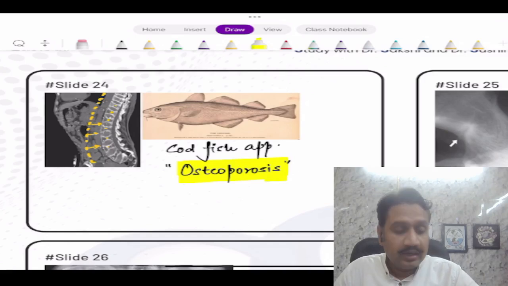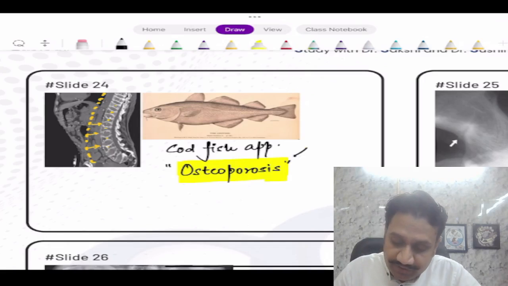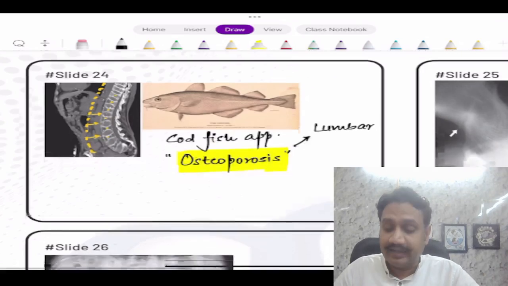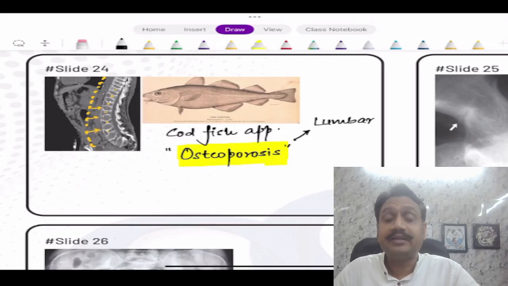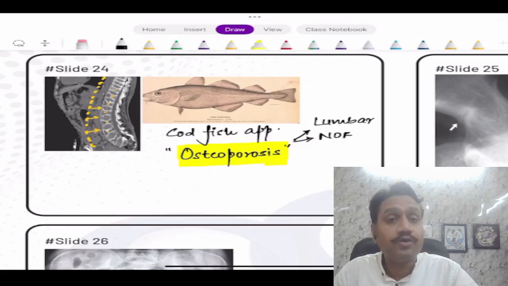Please remember other points also about the codfish, that what is the most common site where we see the appearance of codfish spine. Codfish will be best seen in the lumbar area, definitely the maximum weight taking area, right? And therefore the lumbar spine is most commonly involved. After that, the second most common area involved in osteoporosis is the neck of femur, again the soft cancellous area.